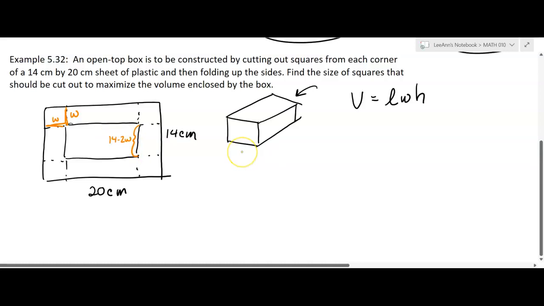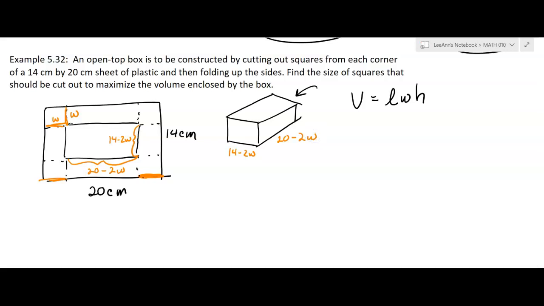So my width is going to be 14 minus 2W. My length, this side here, is going to be 20 minus 2W. Now, why 2W? Because you're taking out W here and here. Okay, same for the 14. Okay, so my length is 20 minus 2W.